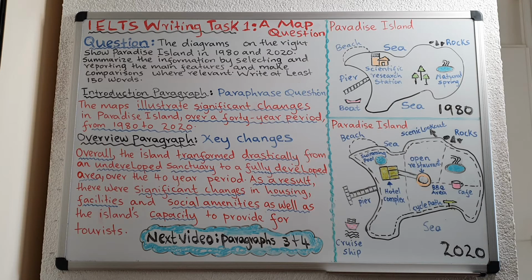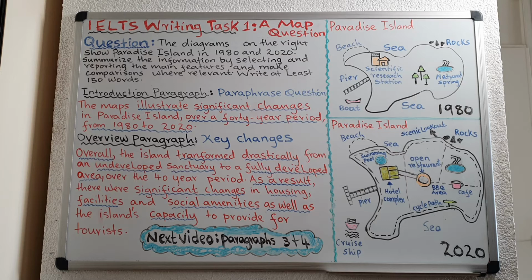The diagrams on the right show Paradise Island in 1980 and 2020. So on the right you have 2 diagrams. The first diagram is Paradise Island in 1980. The second diagram is Paradise Island in 2020.